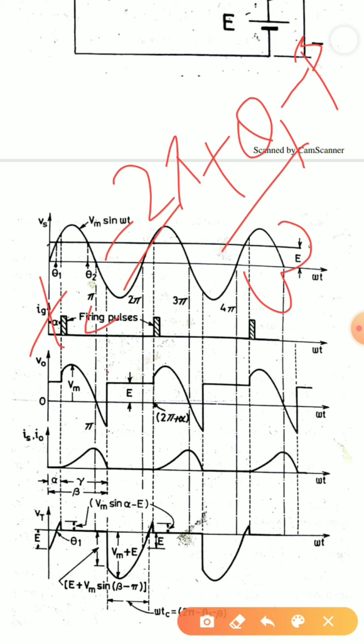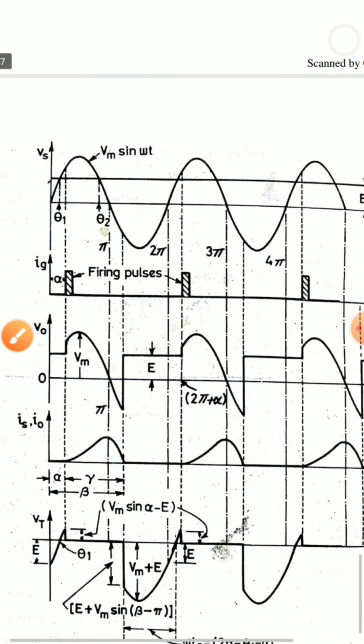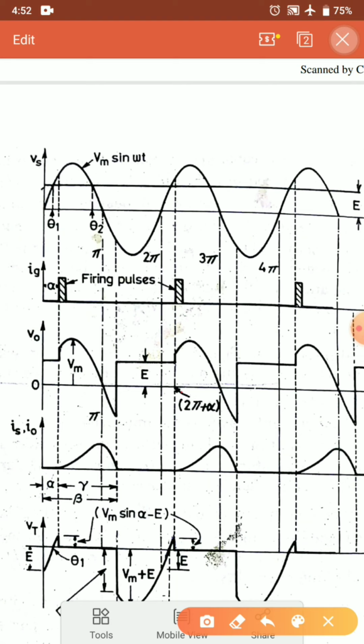So clearly we can see here that my SCR is reverse biased up to this duration. Why up to this duration? Because this firing pulse alpha, let me consider my firing pulse alpha. Now before this firing pulse alpha I am having a duration theta 1. Up to this theta 1 duration, the level of E is greater than the level of Vm sin omega t.